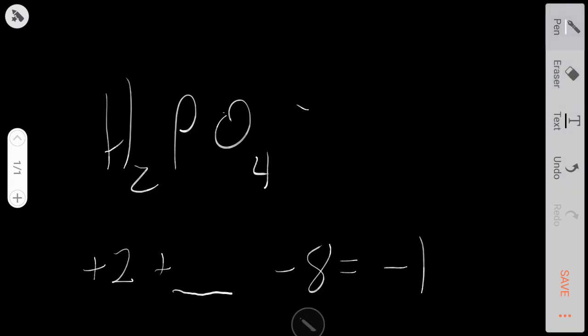Right? I hope that you would know that the only logical answer here is 5. So 2 plus 5 is equal to 7. 7 minus 8 is equal to negative 1. So the answer for this is 5, and therefore number 12 is B.